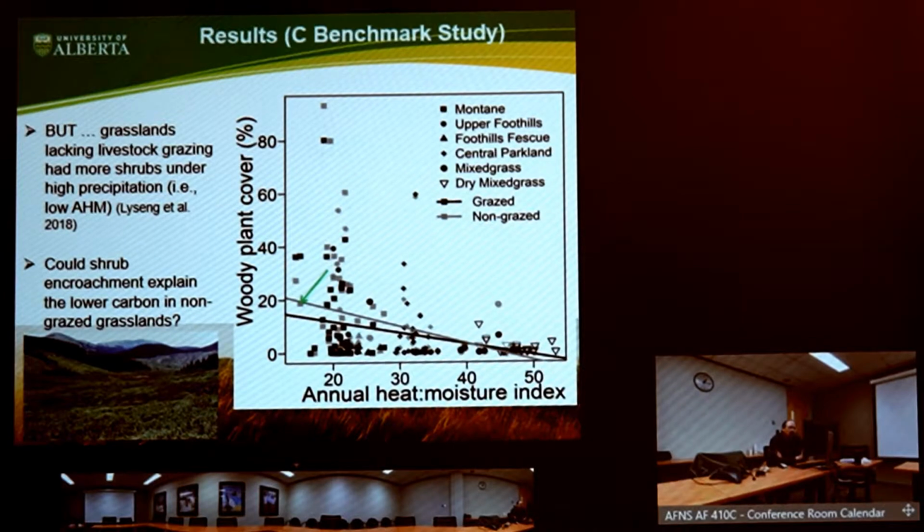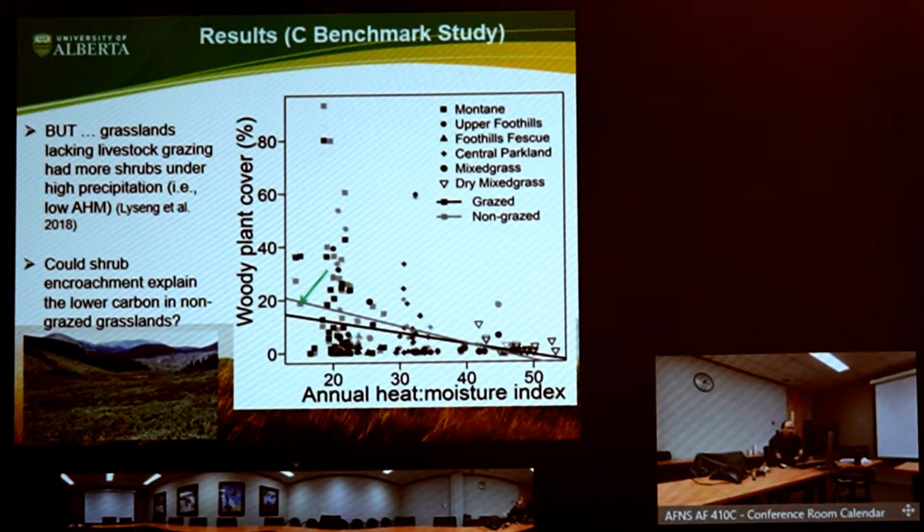And the wettest environments are found over on the far left side of that graph. And what's very apparent is that the presence of long-term grazing is helping suppress woody plant cover. And so we started wondering whether that in and of itself could explain some of the differences in soil carbon that we were seeing.